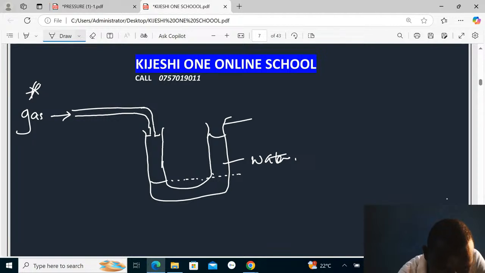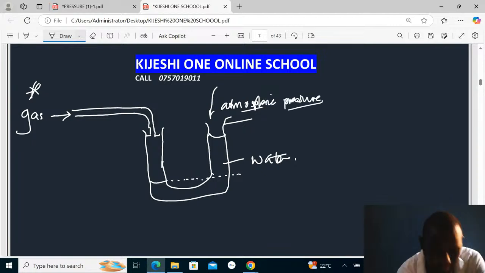This is open, so we expect atmospheric pressure to be acting, like that.